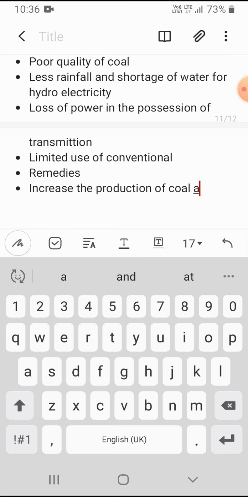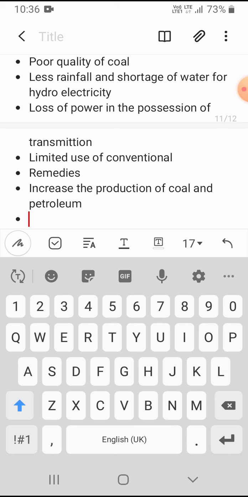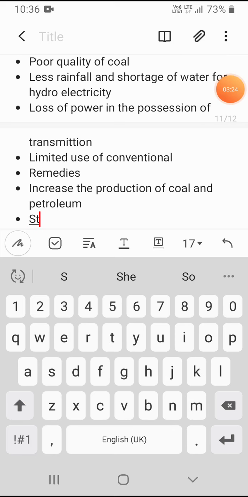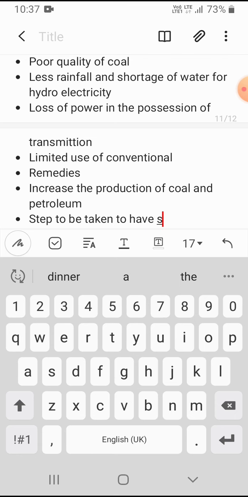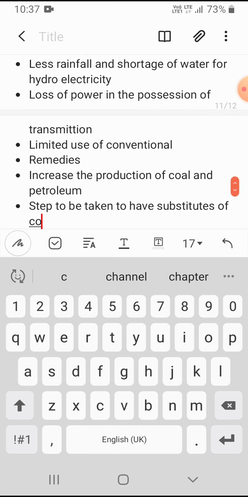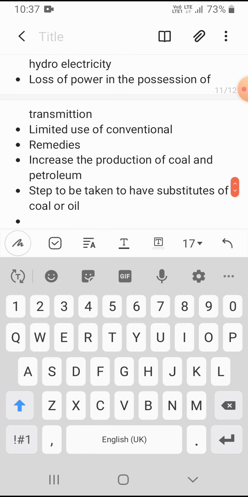We should also take steps to find substitutes of coal and oil that produce more energy. We have to find all that.